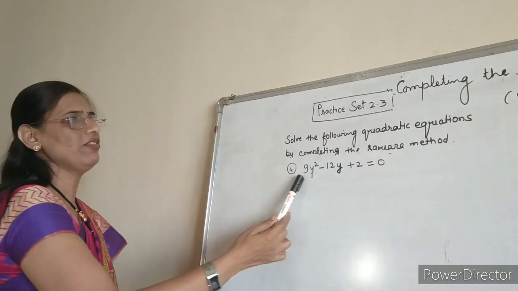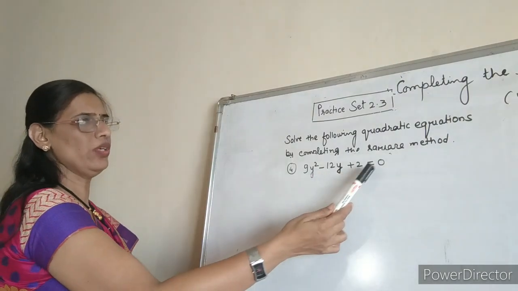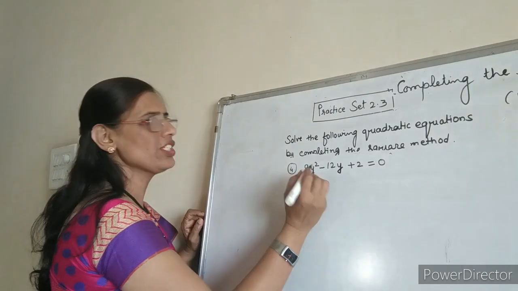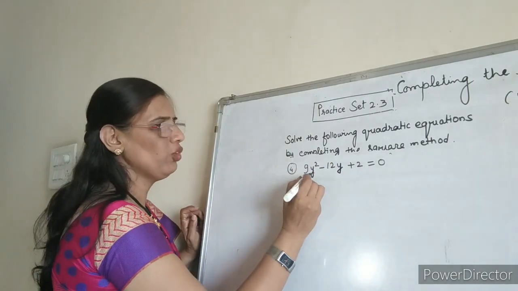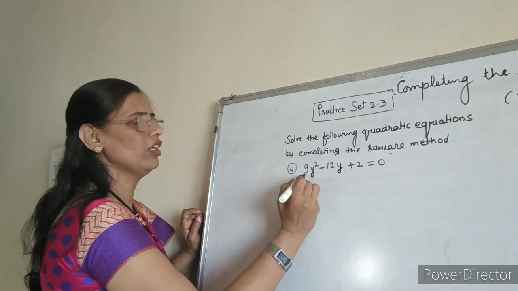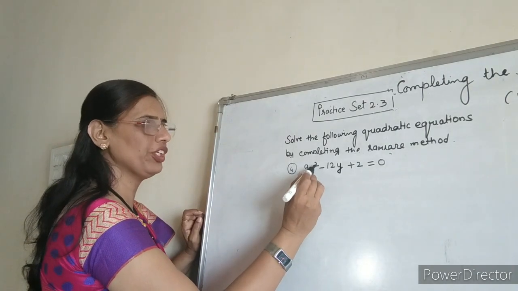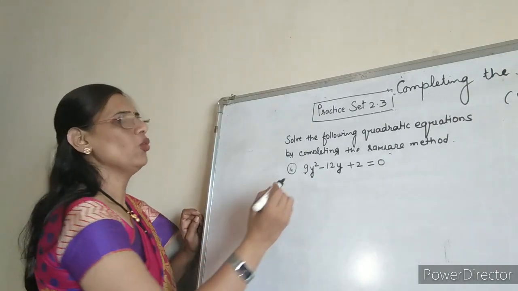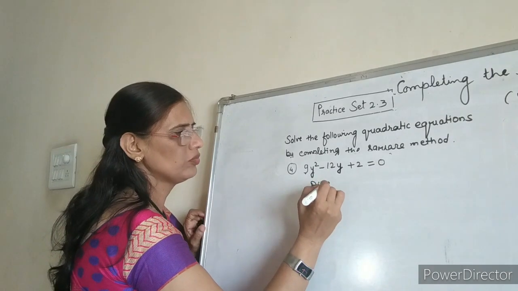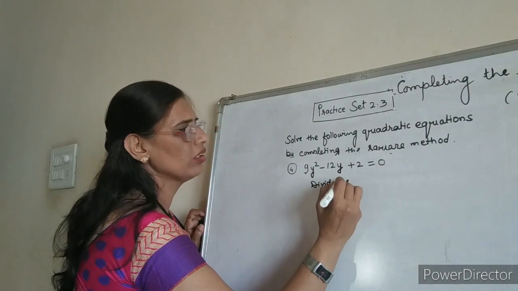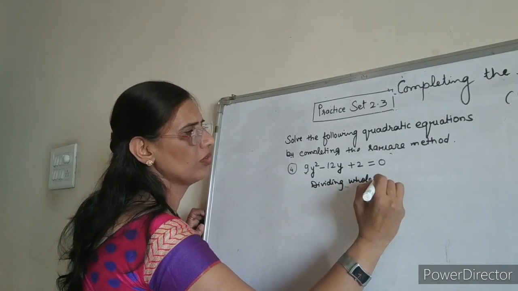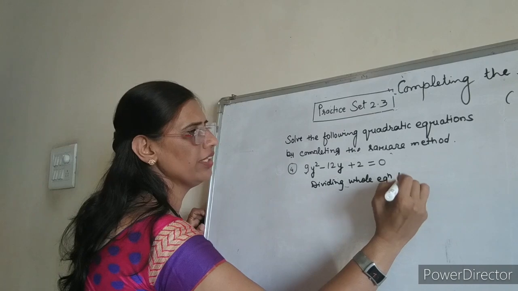Next example is 9y square minus 12y plus 2 equals 0. Here our main condition in the completing square method is that we want the coefficient of the square term to be 1. That is, the coefficient of y square must be 1. But here the coefficient of y square is 9. To make it 1, what will we do? We will divide the whole equation by 9.